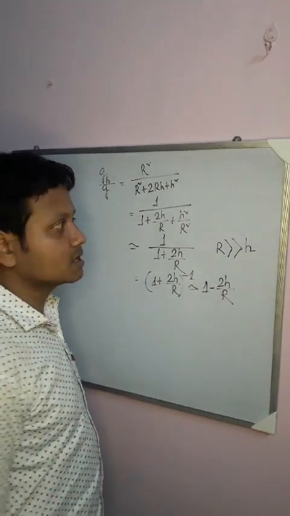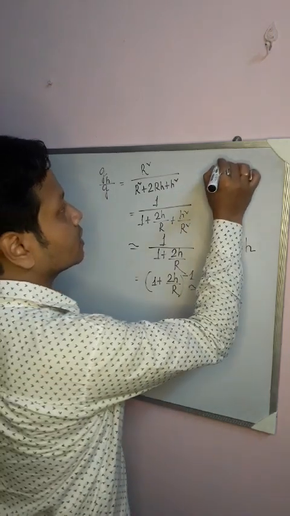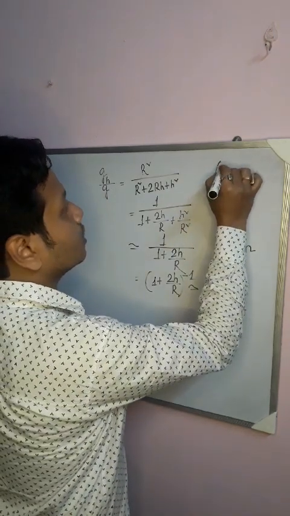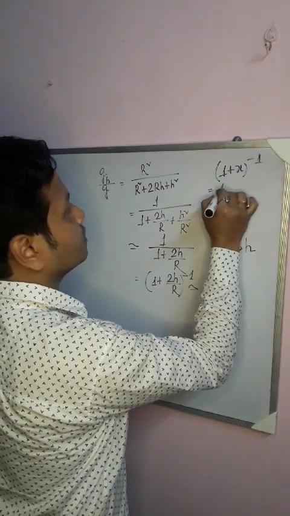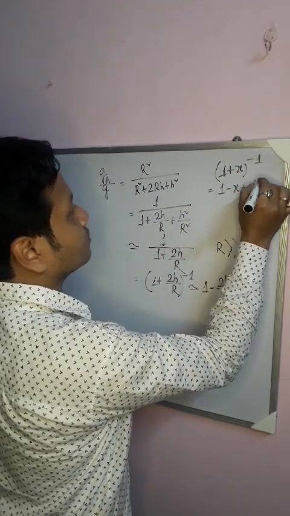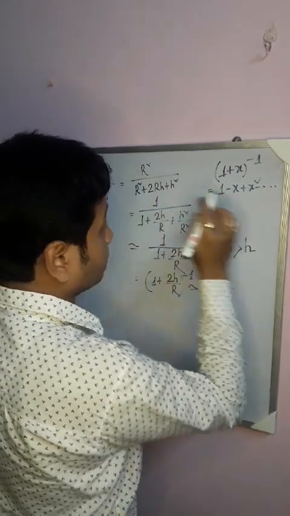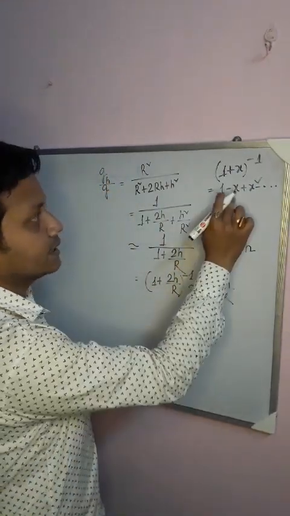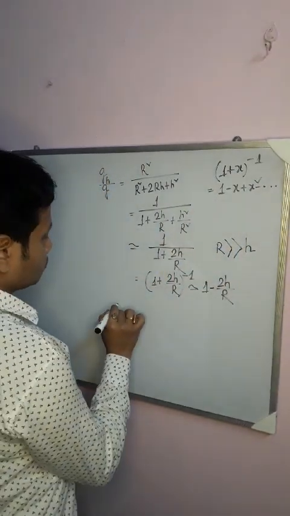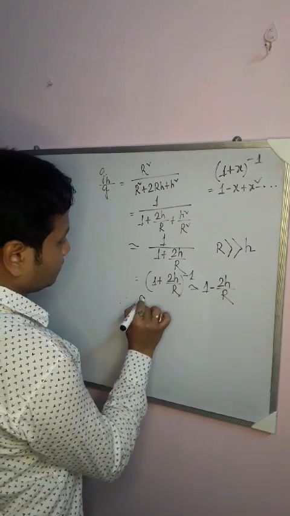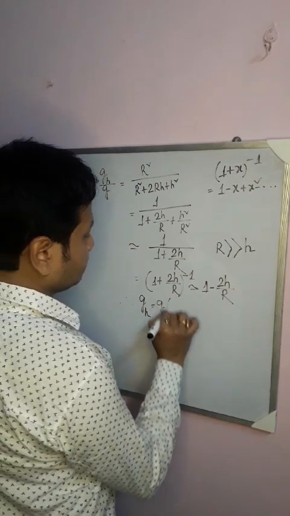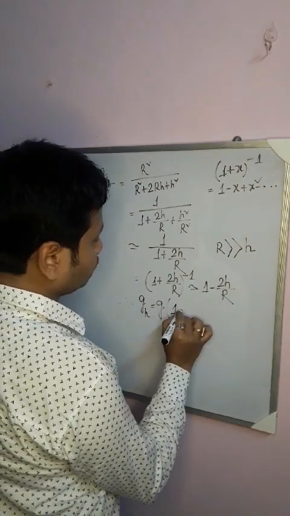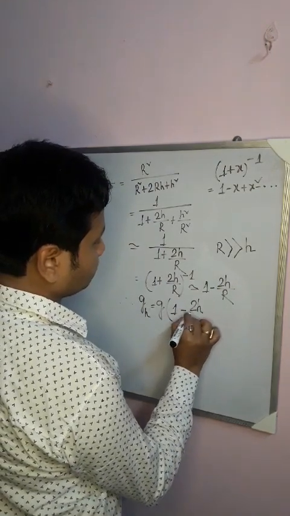We use the formula (1 plus x) to the power minus 1. This is simply 1 minus x plus x square and so on, and there we ignore the higher order terms and only take the first term. So from this we can easily conclude that g_h can be written as g into (1 minus 2h upon R).